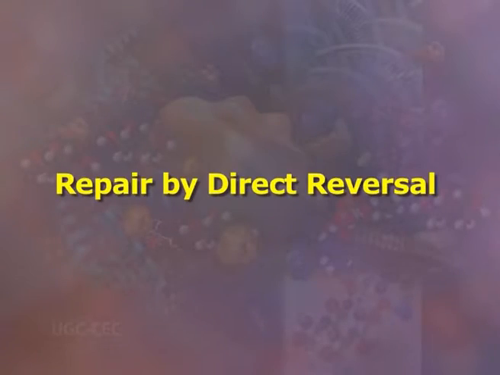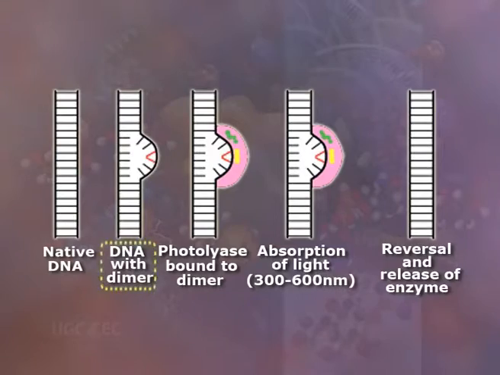Repair by direct reversal. The simplest mechanism for repair of altered bases is to restore them to normal without acting on the DNA molecule in a significant manner. In the case of the pyrimidine dimers formed in DNA by ultraviolet rays, this restoration is achieved in a very simple fashion.